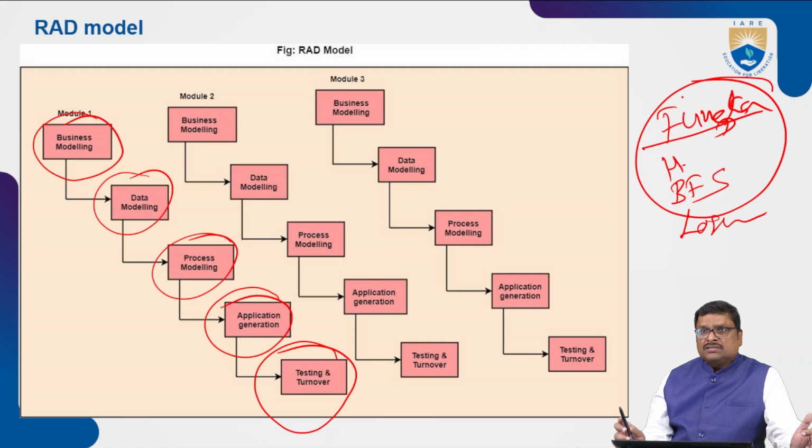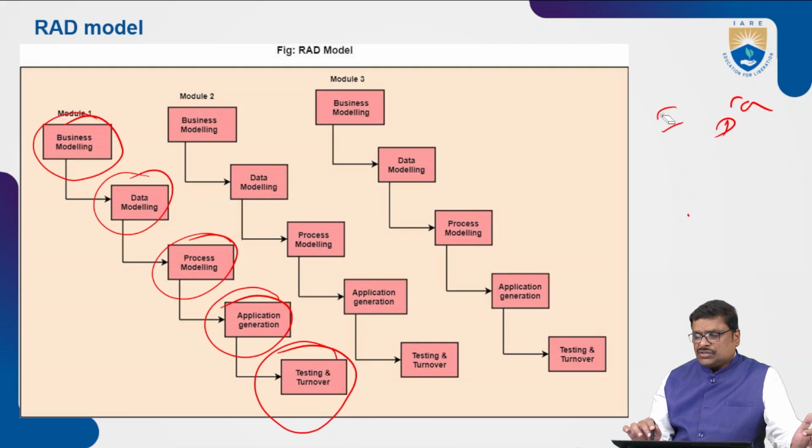The stakeholders involved in software development need to understand the functional domain knowledge and analyze it. The RAD model suggests that when building different modules, they do the business modeling based on the BRS document, the business requirement specification document.